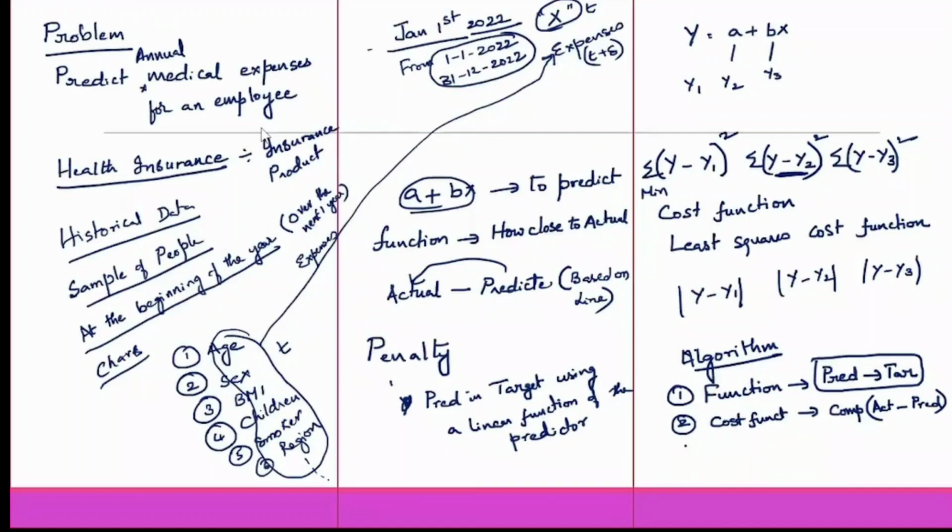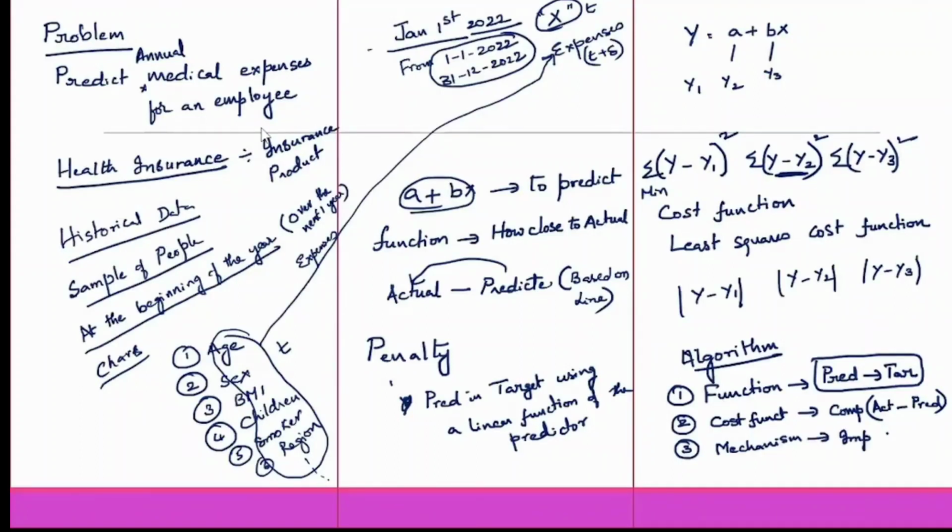So the second step is there is a cost function which would compare the actual with the predicted. And then there should be a framework or a mechanism that would improve on the prediction.